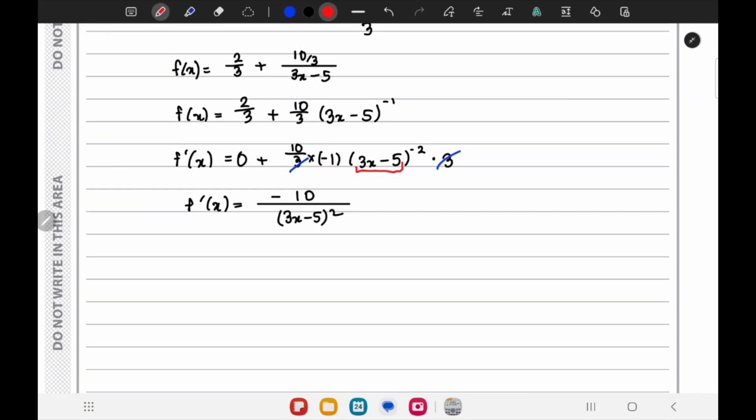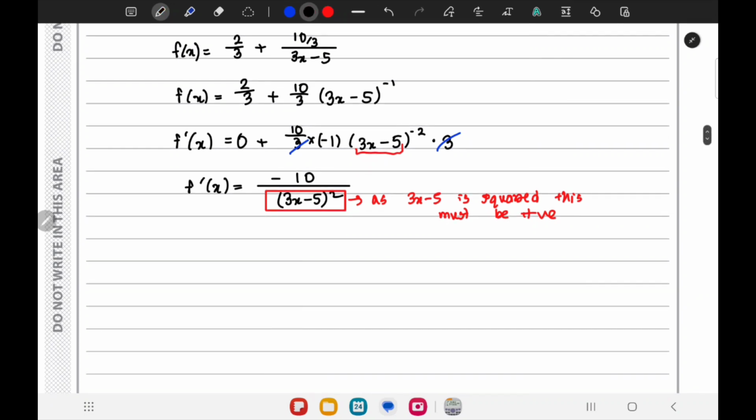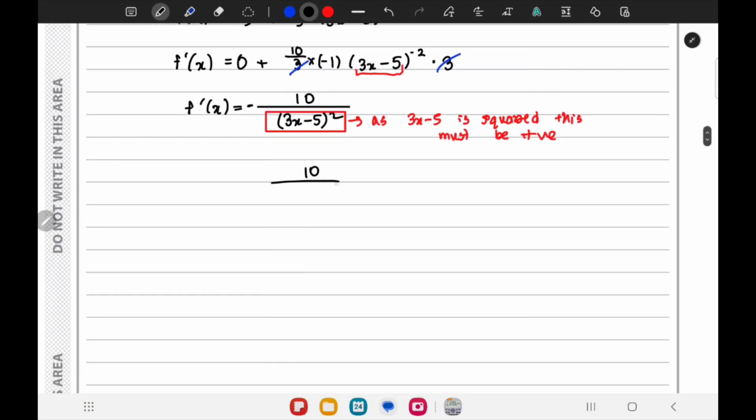Now to show that this is a decreasing function, we can show that (3x minus 5) squared will always be positive because this is squared. As 3x minus 5 is squared, this must be positive. The denominator is positive, and so the whole thing, so 10 by (3x minus 5) whole square must be positive.